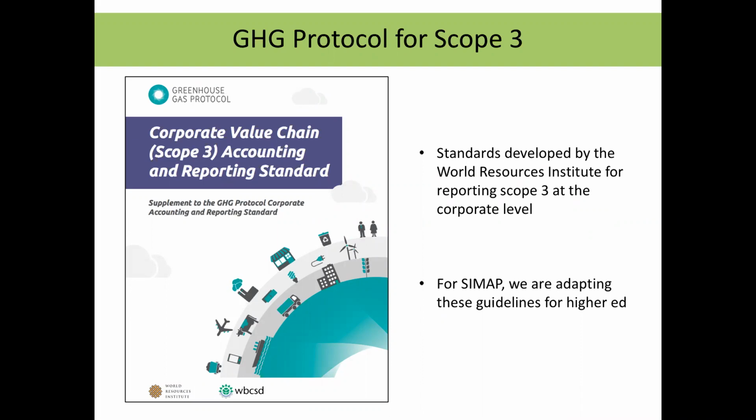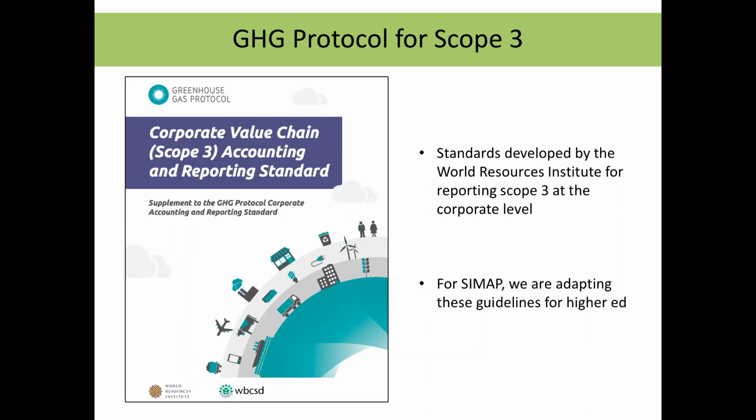They had a more recent specific document on scope 2, and then most recently released this document on scope 3, looking at the corporate value chain for scope 3 reporting. This guidance document covers all of the scope 3 categories and provides recommendations for calculating and reporting those emissions at the corporate scale.